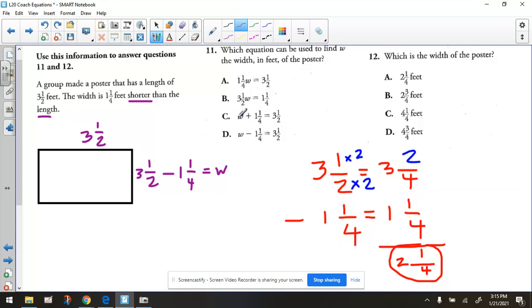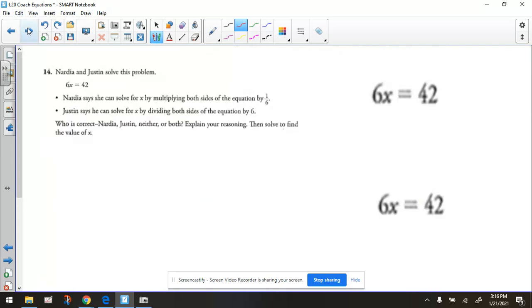This one's saying if we add the width to 1 1/4, we'll get 3 1/2. And this one is saying if we take the 2 1/4, which we got for W, and subtract 1 1/4, we would get 3 1/2. So just go ahead and substitute in this value for W if you're not sure which one it is, and that's the one you're going to pick for number 11.